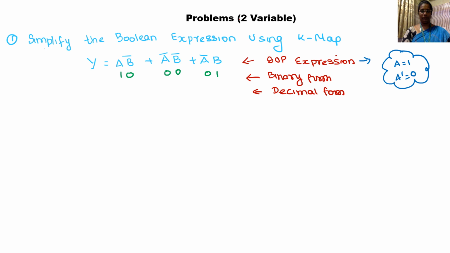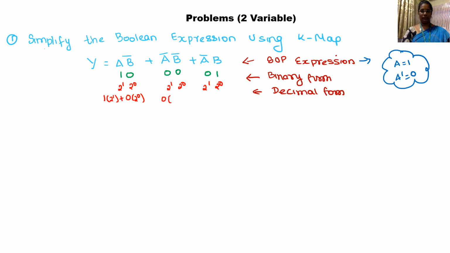And now let me teach you how a binary form could be converted into decimal form. You would have studied this in your lower classes, and now just recall that 2 power 0 is represented here and it is 2 power 1. Here it is 2 power 0, 2 power 1. Here it is 2 power 0, 2 power 1. So how do I write it in the decimal form? It is nothing but 1 into 2 power 1 plus 0 into 2 power 0.